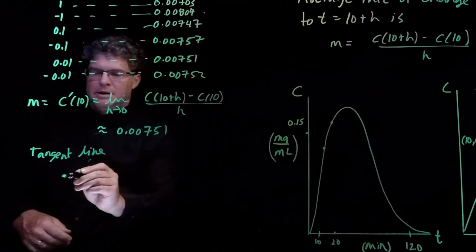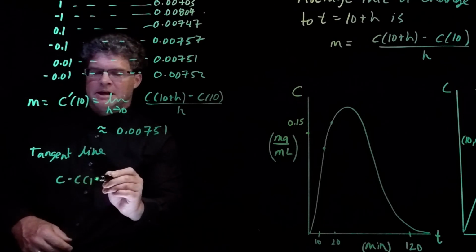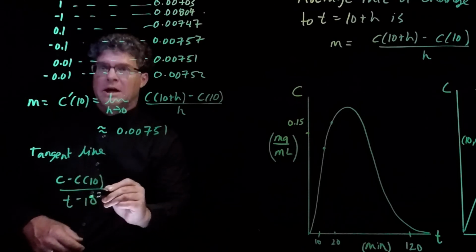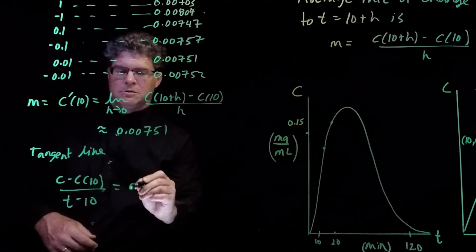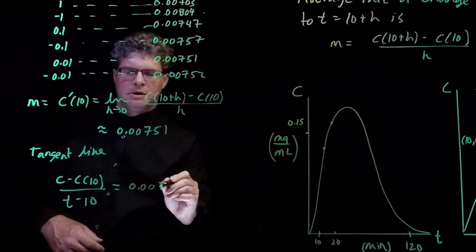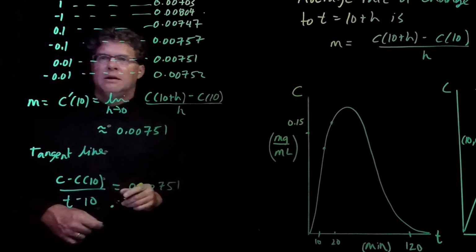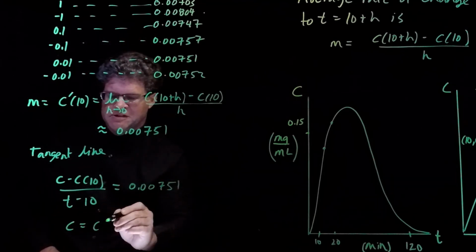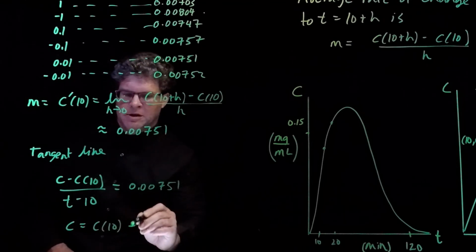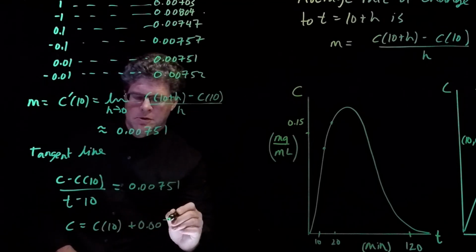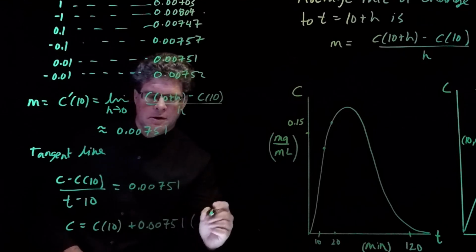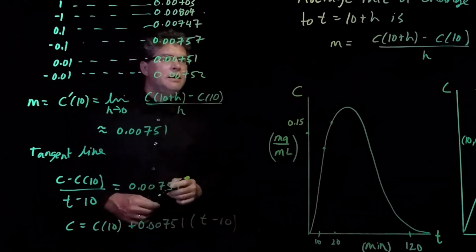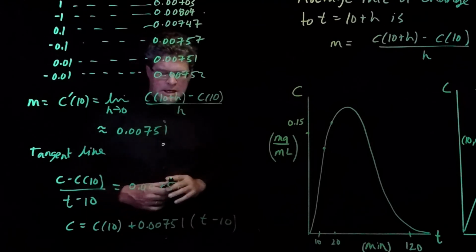And so we write C minus C10 over t minus 10 is equal to 0.00751. And so we can rearrange this to be C is equal to C10 plus 0.00751 times t minus 10. And that's the equation for the tangent line.